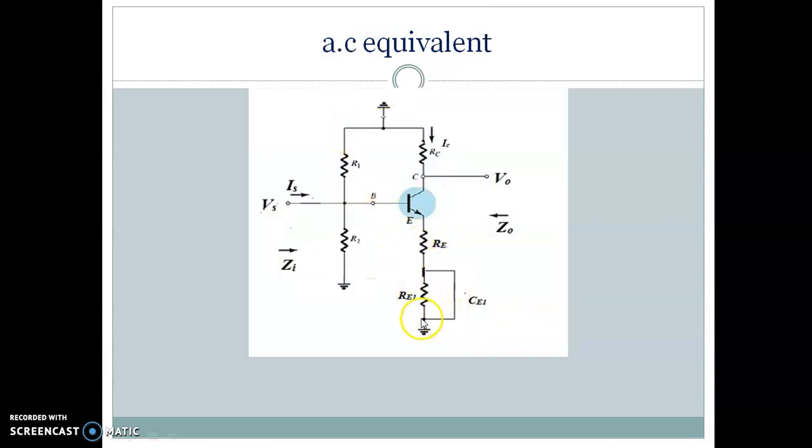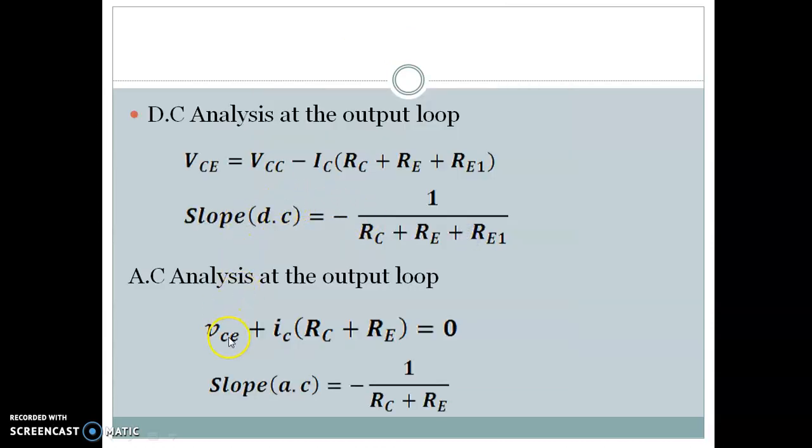Here you could see that I have short circuited the bypassing capacitor. Now we apply KVL to this loop, and you get VCE plus IC times RC plus RE is equal to 0.